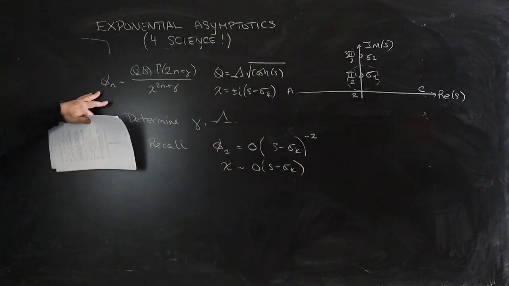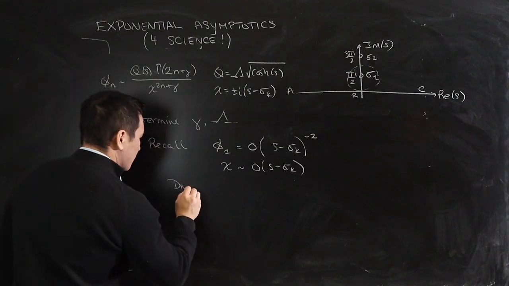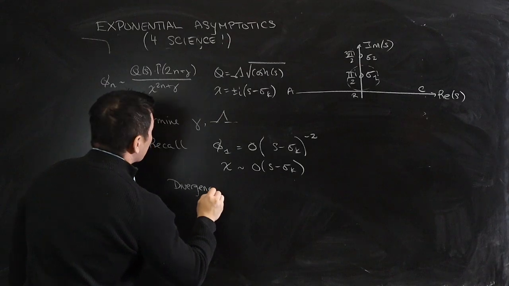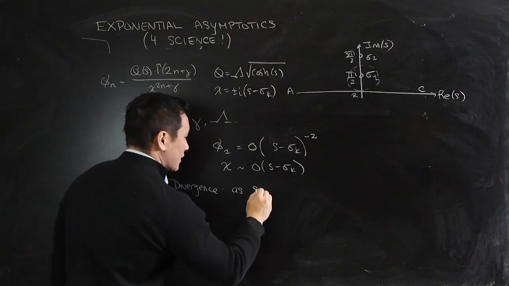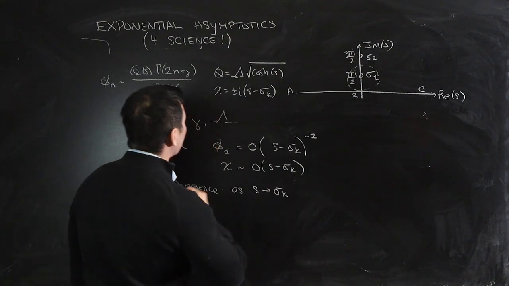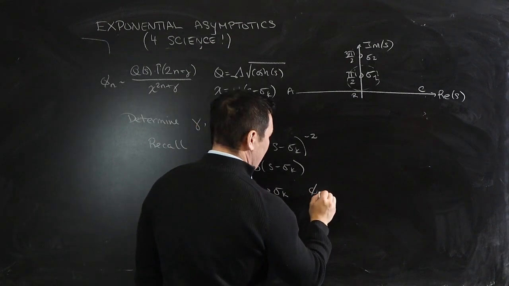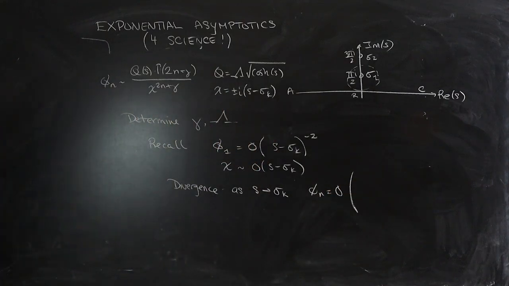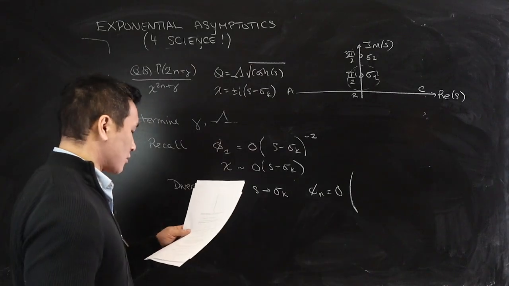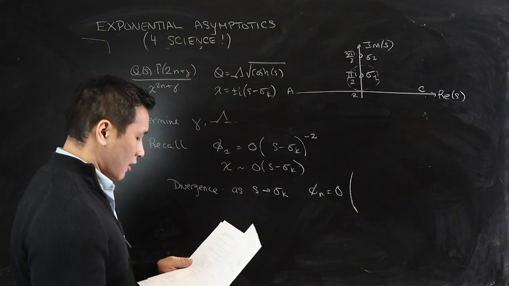So if I assume that this rule is true, then the divergence must follow in the limit as I approach the singularity. That rule tells me that phi n is of order, well, what do we have? We have Q of s, which behaves, that's a good question. What does Q of s behave like?